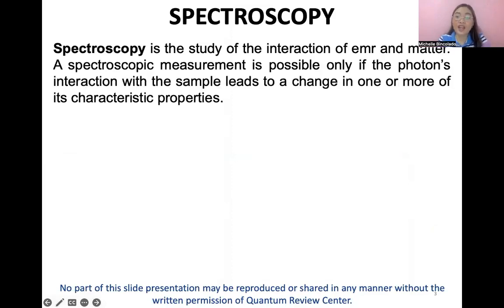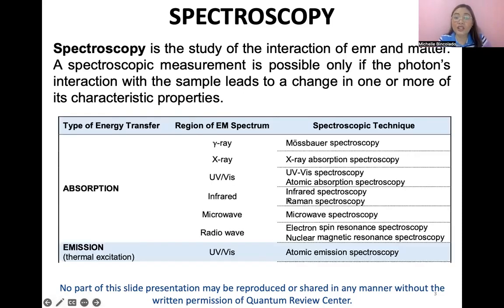And then, ito na. So let's define spectroscopy. It's the study of the interaction of electromagnetic radiation and matter. A spectroscopic measurement is possible only if the photon's interaction with the sample leads to a change in one or more of its characteristic properties. You have this, guys, in your manuals. Ito ang table telling us about the type of energy transfer, region of electromagnetic spectrum, as we have seen in the previous slide, and yung mismong tawag guys sa spectroscopic technique.